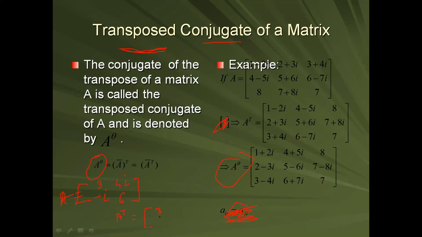So you're saying column or row? No, vertically, ma'am. Okay, so horizontal one, sorry. 3, minus i, and here 4i, 6. So this is A transpose. Very good. So what he has done is interchanged rows and columns.